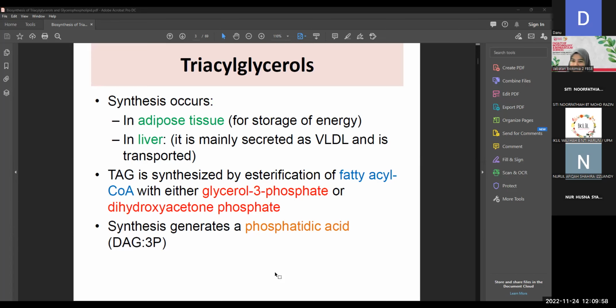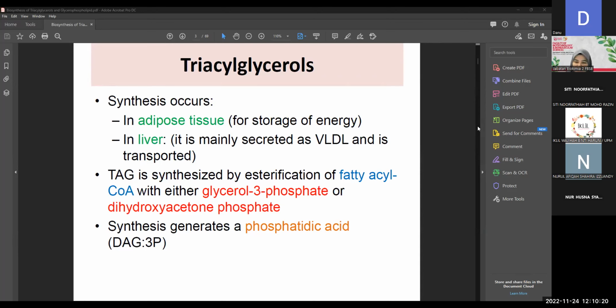And also, triacylglycerols can be synthesized in the liver, where they are mainly secreted as VLDL and can be transported. Do you remember during your first test, I asked how VLDL, which one was that? I don't remember this question anymore.